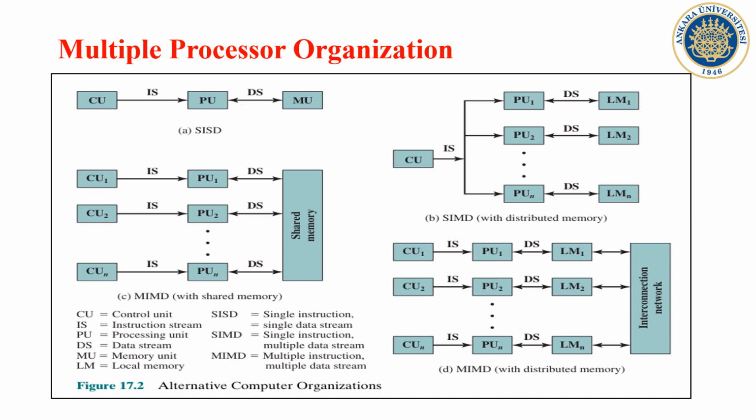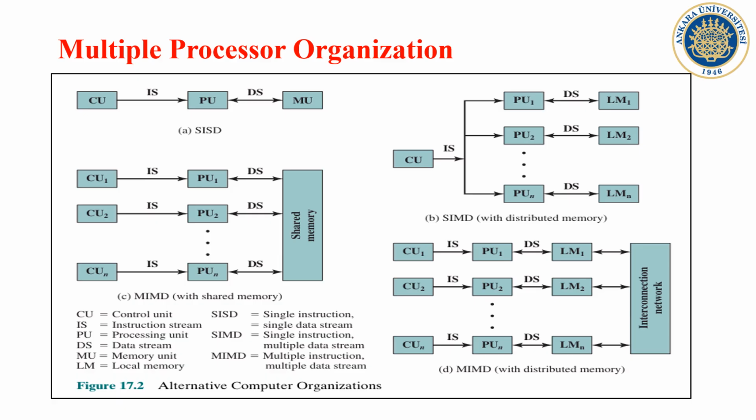First, we have SISD, which represents the traditional single processor system. One control unit sends one instruction stream to a single processing unit working on one data stream. This is the classical sequential computing model.